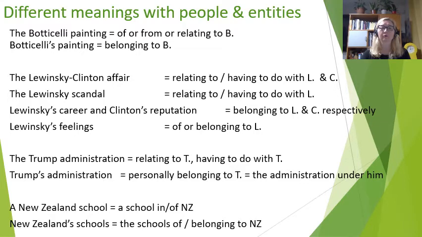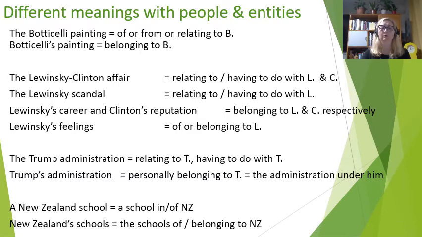Or it was also referred to as the Lewinsky scandal. So again, relating to or having to do with Lewinsky, not belonging to her. But if I said "la carriera della Lewinsky e la reputazione di Clinton," I would use the apostrophe.